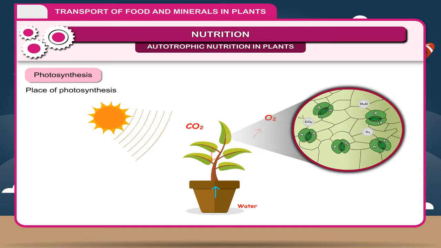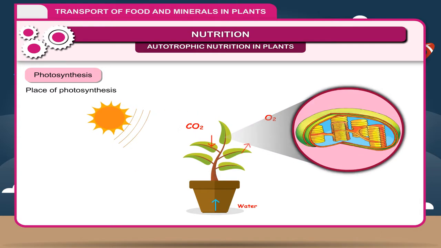Stomata. These are the minute openings found on the surface of the leaf. Carbon dioxide enters through these pores and oxygen is released. 2. Chloroplast. Photosynthesis occurs in the leaves and green stems within a special structure called the chloroplast.